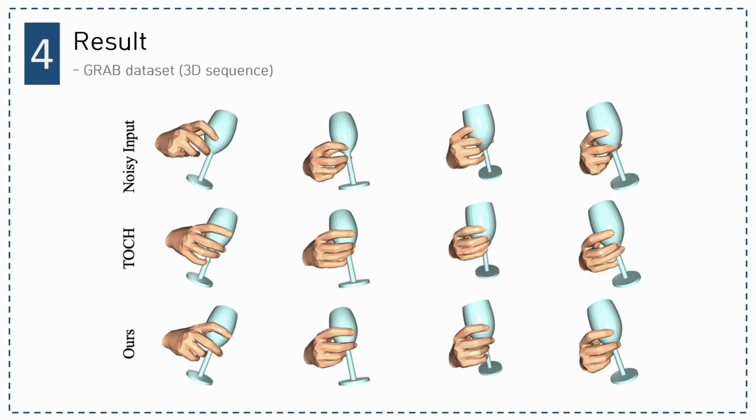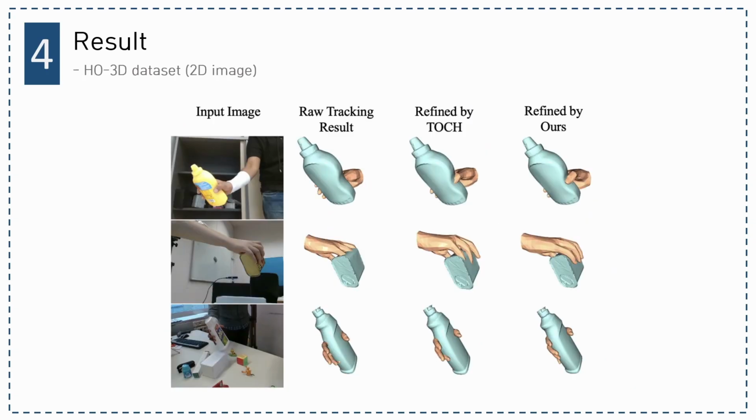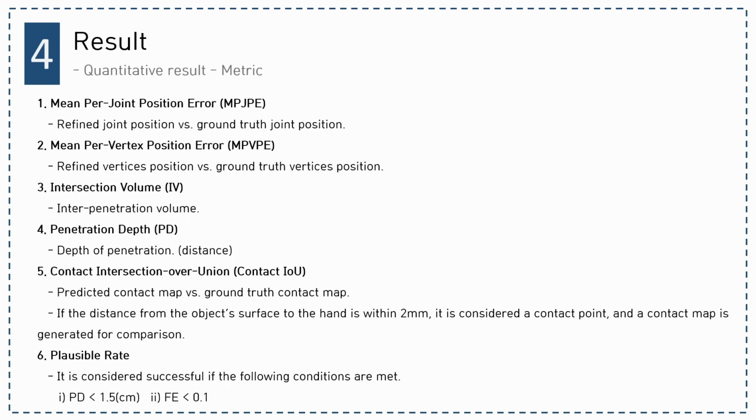The target paper shows a clear improvement in preventing penetration while preserving the hand's general shape in noisy input. This also holds for whole 3D, with the input image of the hand grasping an object. Both raw tracking and TOC exhibited penetration, while the target paper effectively prevented it.